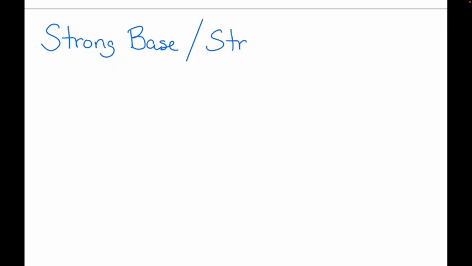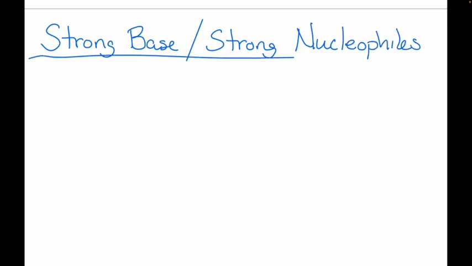All right, our next category are these molecules that are good at both. These are our strong bases and strong nucleophiles. Again, they're strong nucleophiles, so what are we going to look for here?